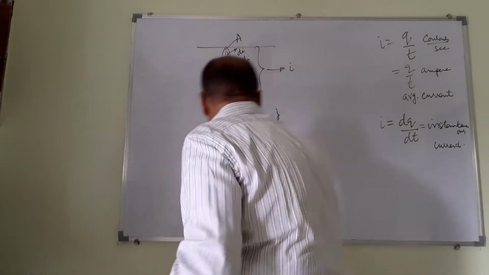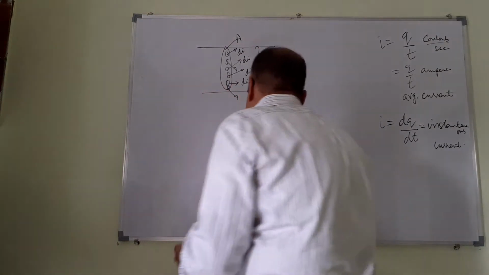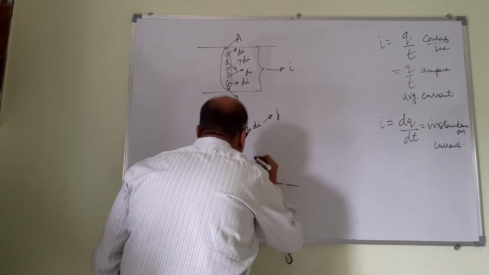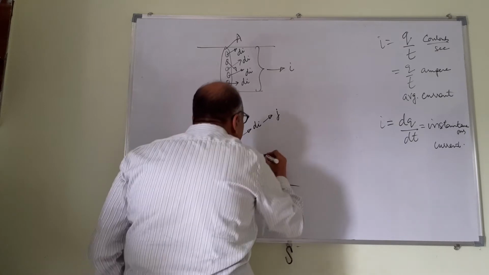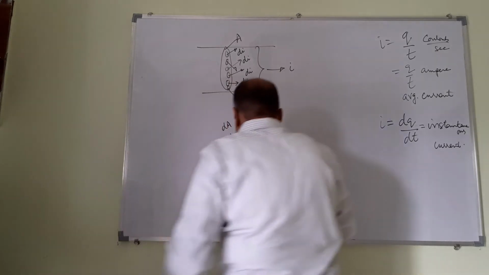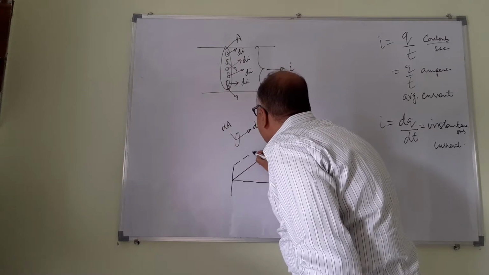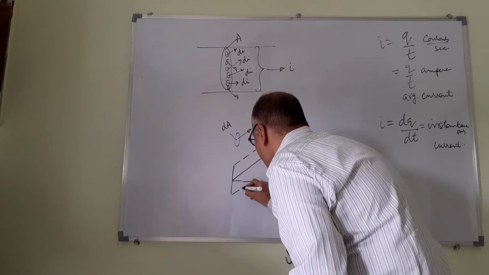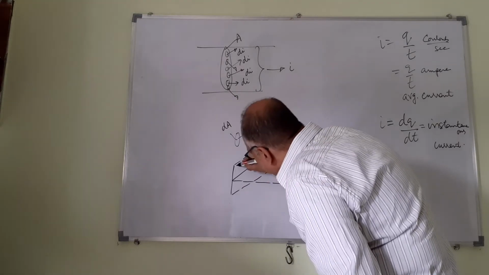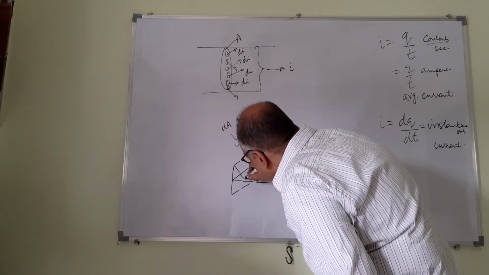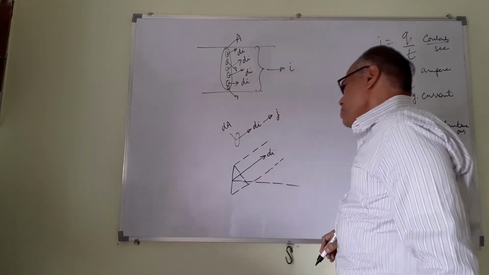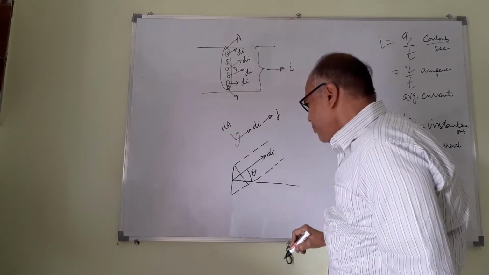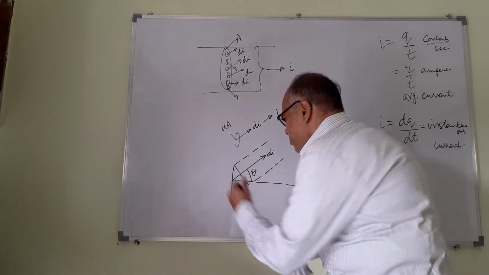I will redraw this for you. This is the area, this is the normal, and this is the direction of current di. I will draw those two parallel lines, and since I want an area, I will draw a perpendicular here now. You see this angle, I am calling it theta. This is area A, my palm.